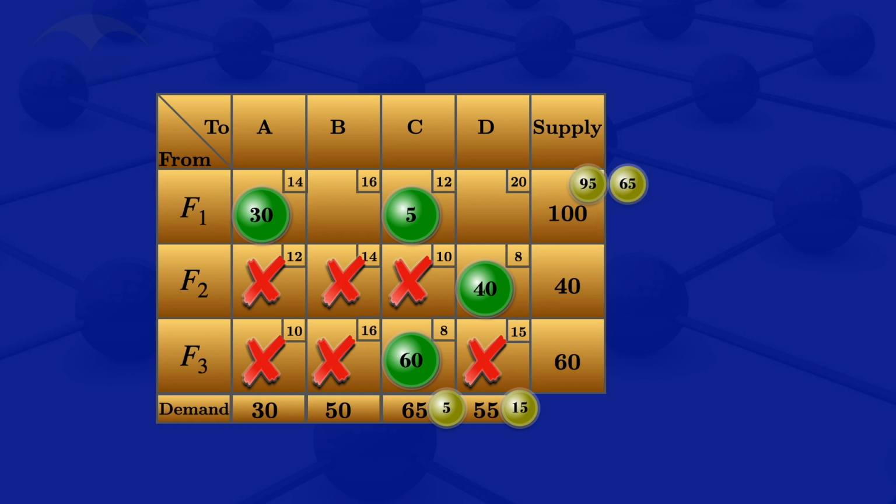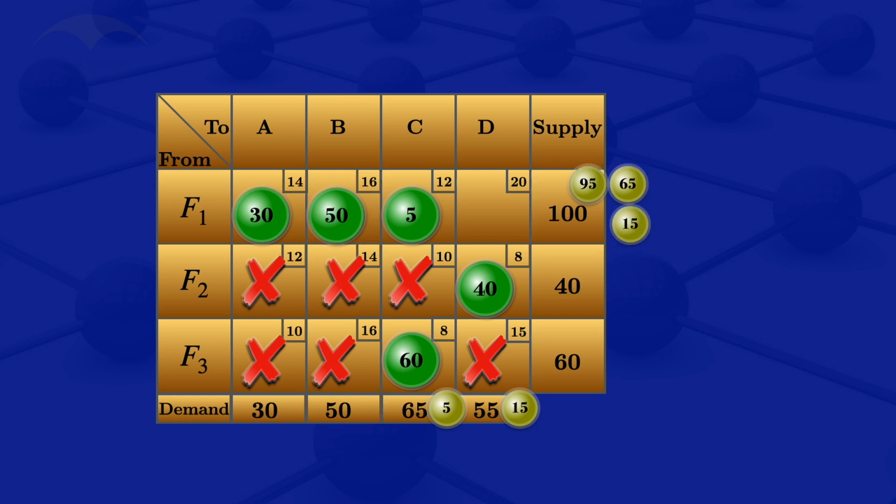We move on to the next cell with the least cost, which is this cell. Compare the supply and the demand. When we compare 65 and 50, the minimum of the two values is 50, so we allocate 50 units to this cell, and we have to adjust the supply by subtracting these 50 units, and we remain with 15.